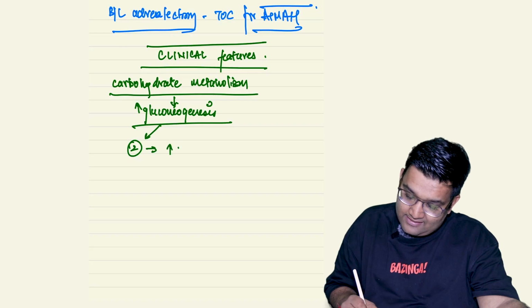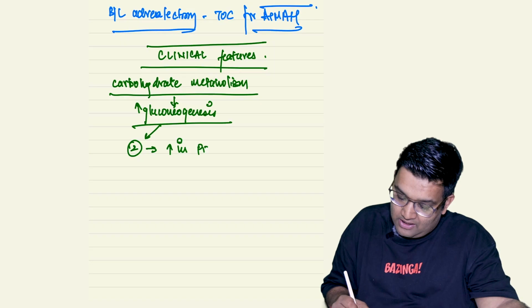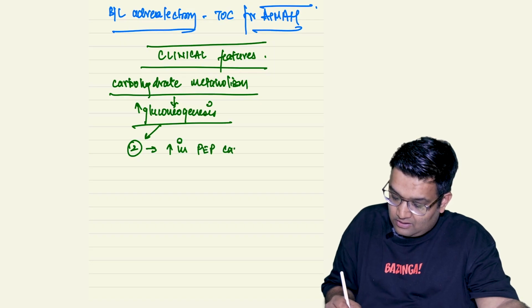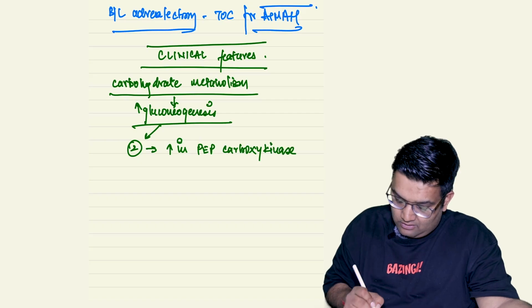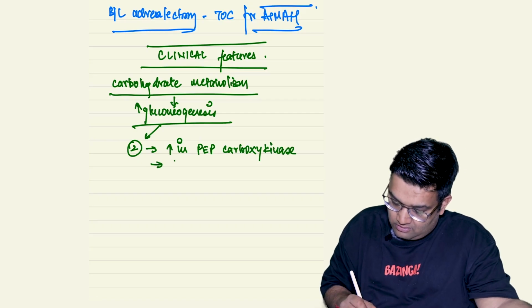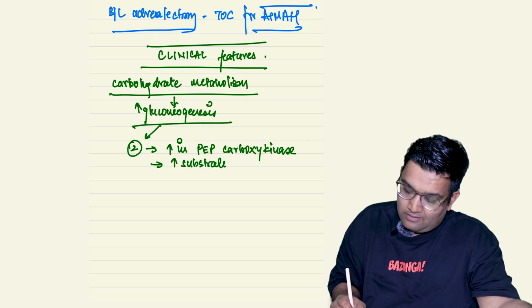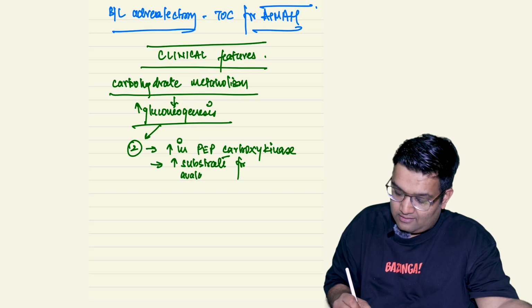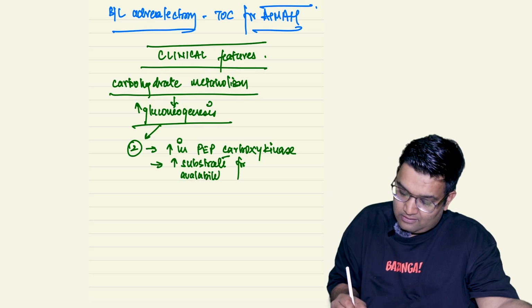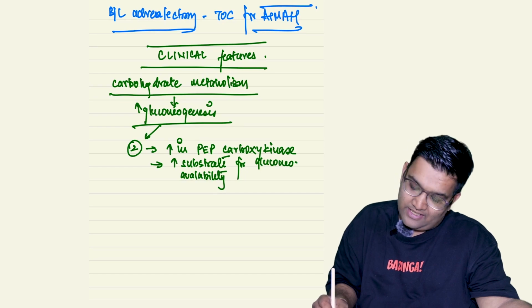One is an increase in PEP carboxykinase, and the other is substrate availability for gluconeogenesis.